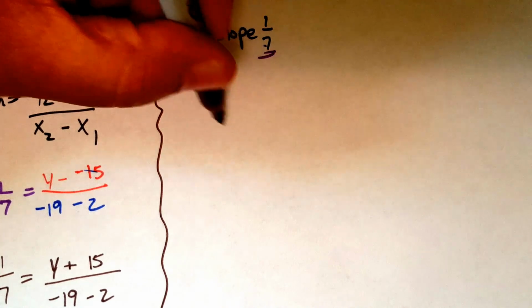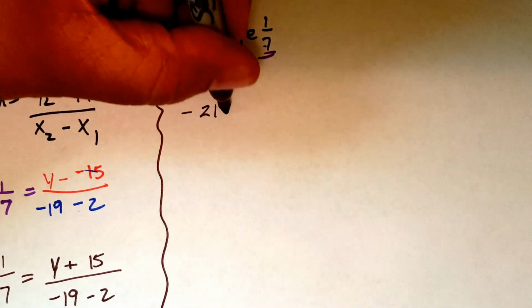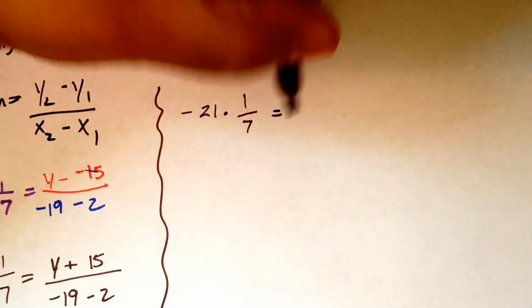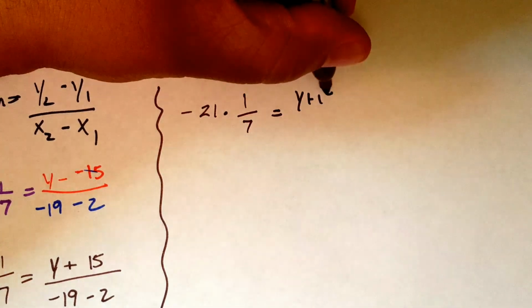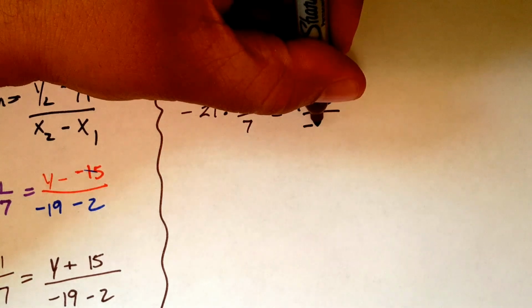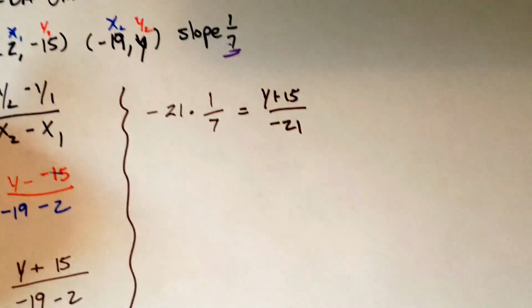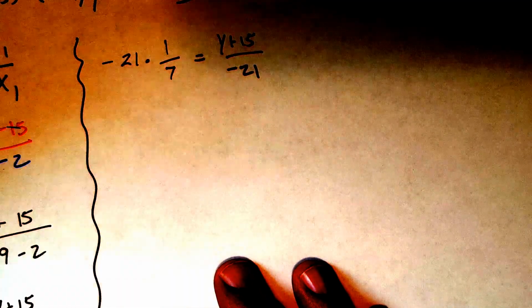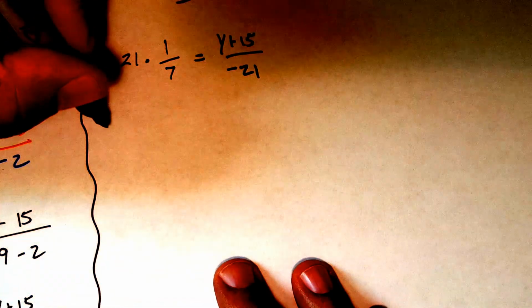So we'll have, if we were to rewrite it over, and again, I think this is where some people got stuck. They said, well, what is negative 21 times 1/7? How do I do that? Well, let's write negative 21 as a fraction.